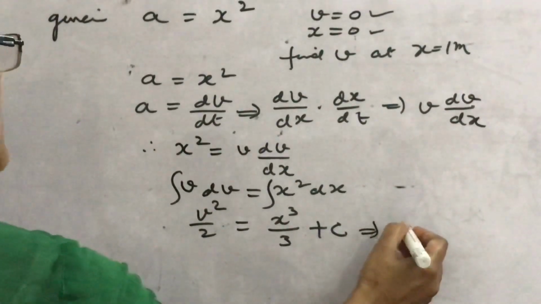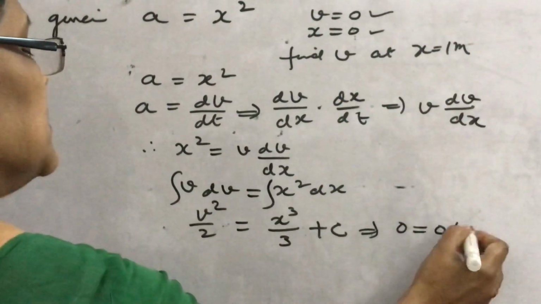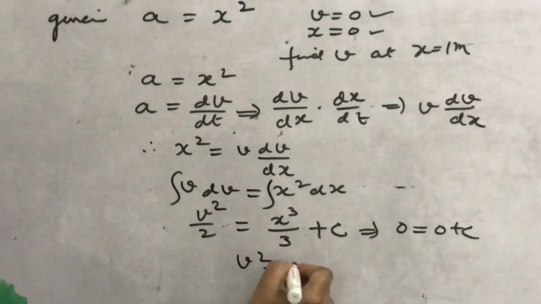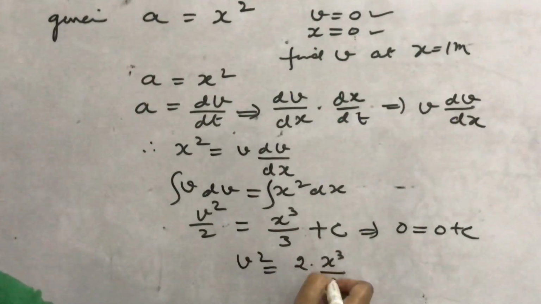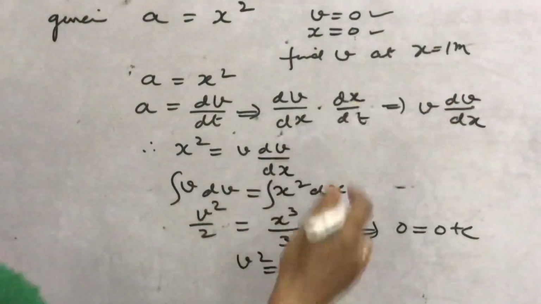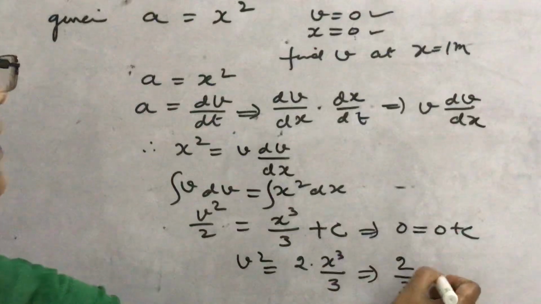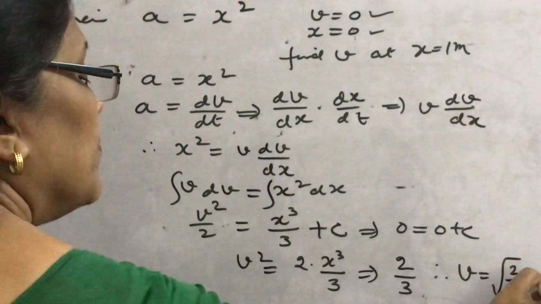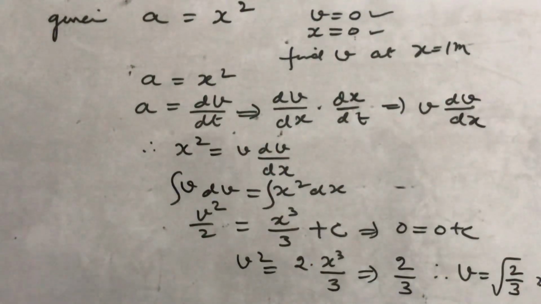Put here this 0 equal to this 0 plus c, so c will be 0. So what will you get? v square equal to 2 into x cube upon 3. At x equal to 1 meter, v square will be 2 by 3. Therefore v will be root 2 by 3 units, whatever unit is given. So in this way you have to solve.